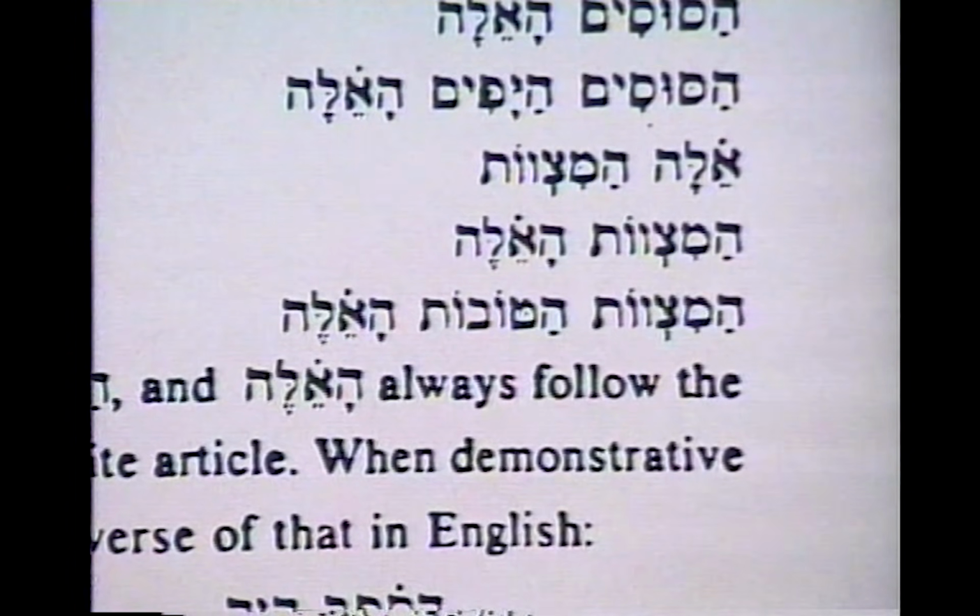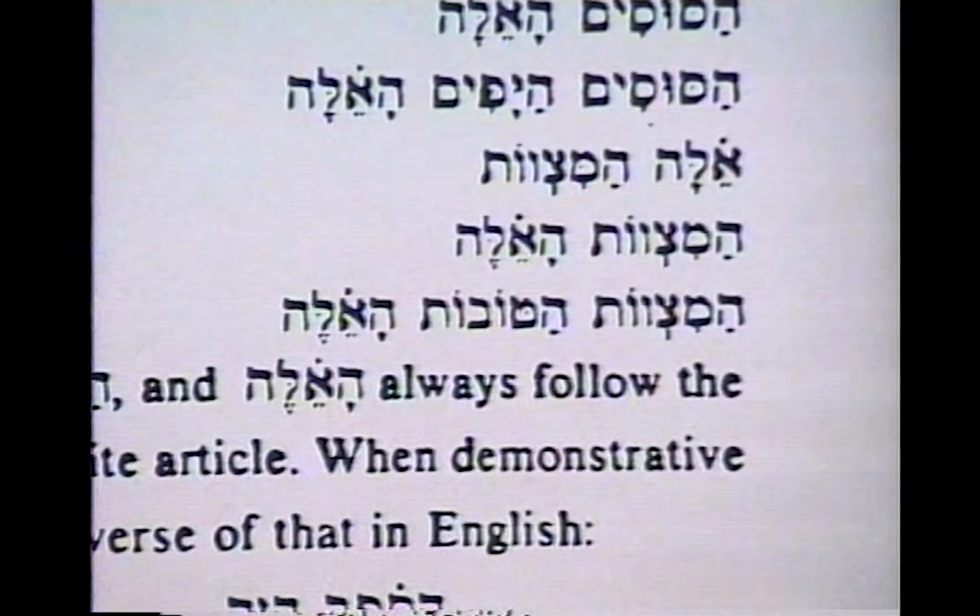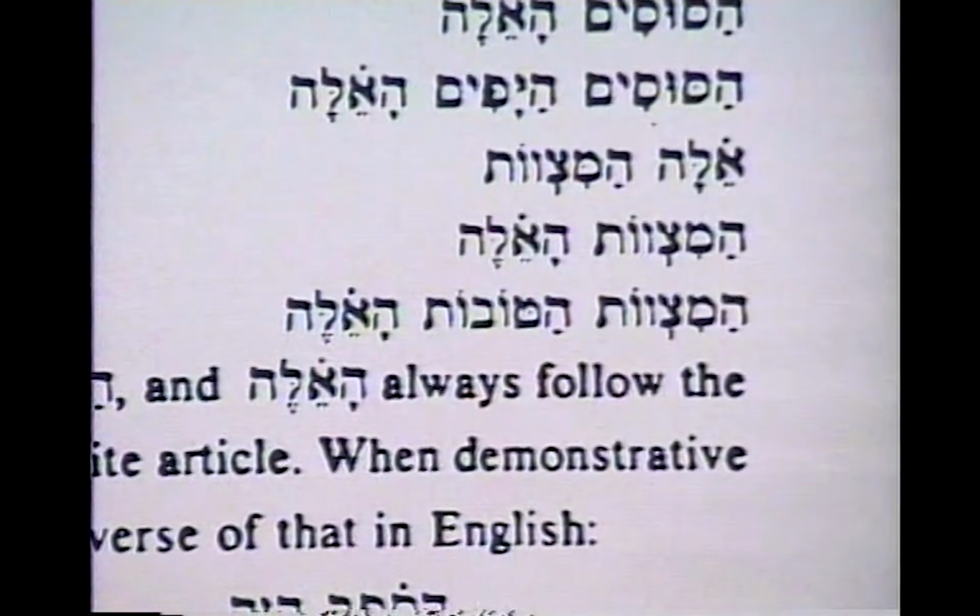We've got ha-mitzvot ha-ele, the commandments, namely these. That'd be translated these commandments. And then the third one, we've got ha-mitzvot ha-tovot ha-ele. So we've got the commandments, namely the good commandments, namely these commandments. So these good commandments. All right.